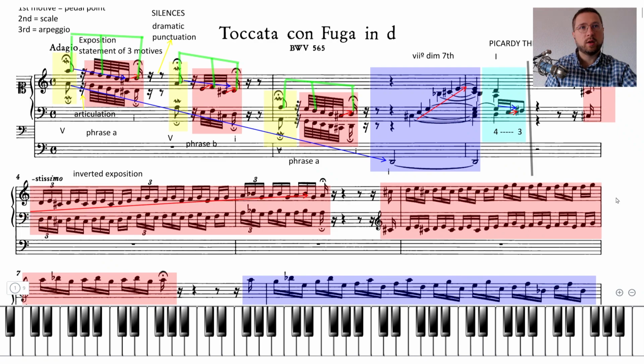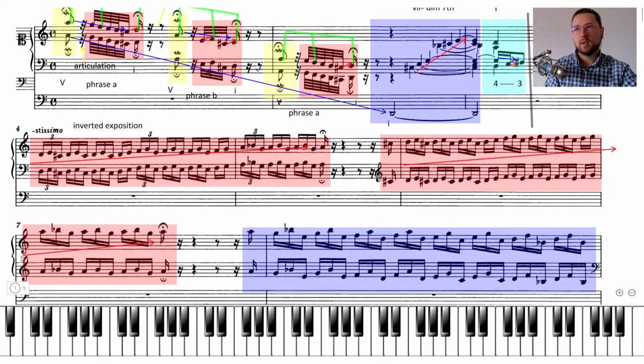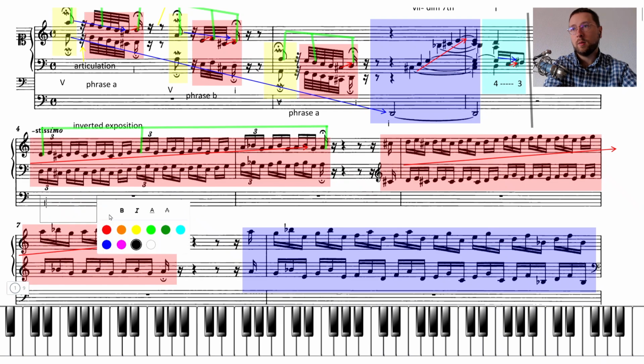You can see it's clearly moving upwards, and it's going through the main notes in the reverse order. So we have the D, the F, and the A, right? So it's this arpeggio.